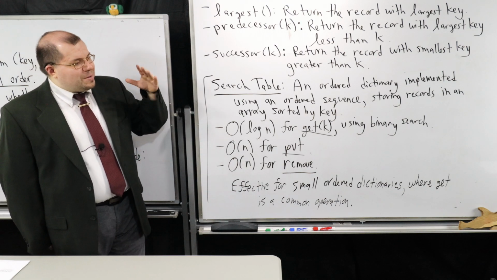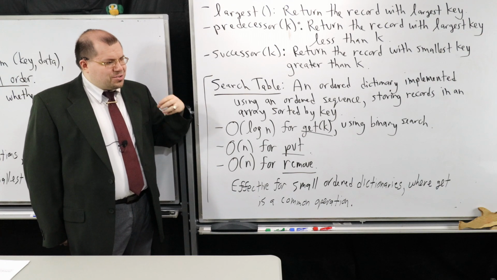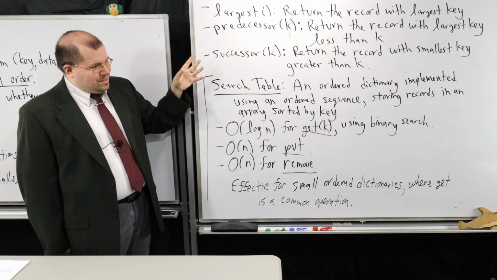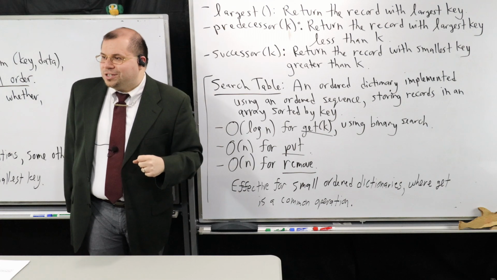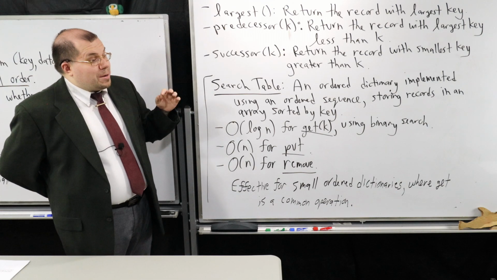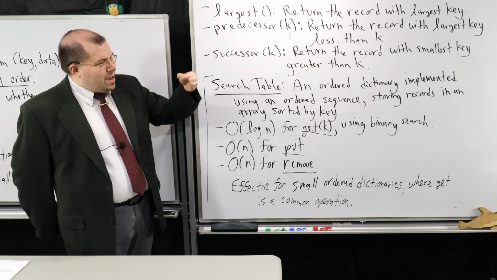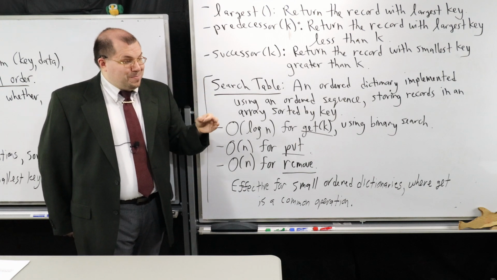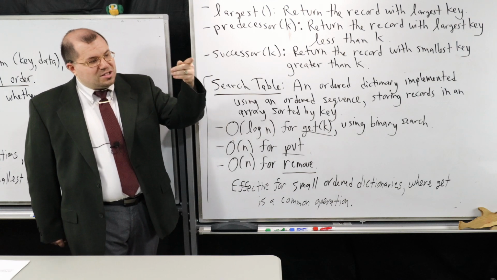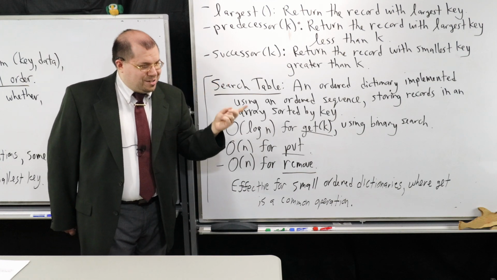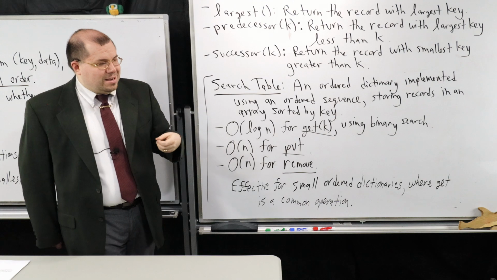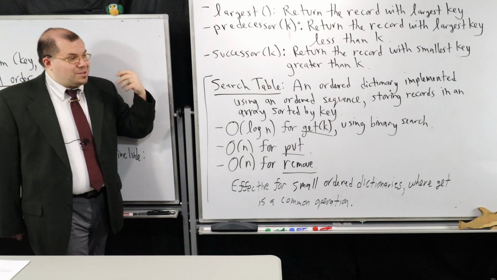But we'll see as we explore the topic of binary search trees that it does sometimes make sense to think about these two kinds of operations. In fact, you can think about it in terms of a dictionary as well. Suppose that you have a record with some number, and I want the next smallest or the next largest from that given key, which you can do, obviously, with an ordered dictionary.